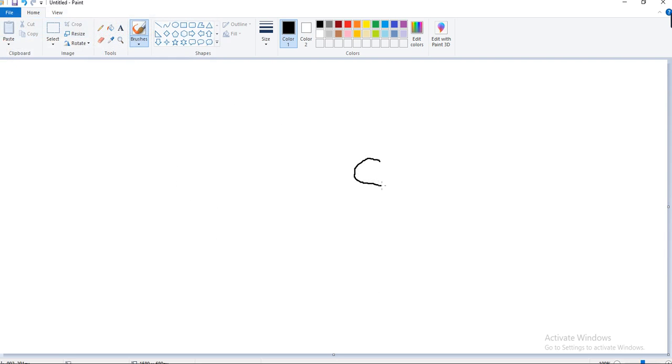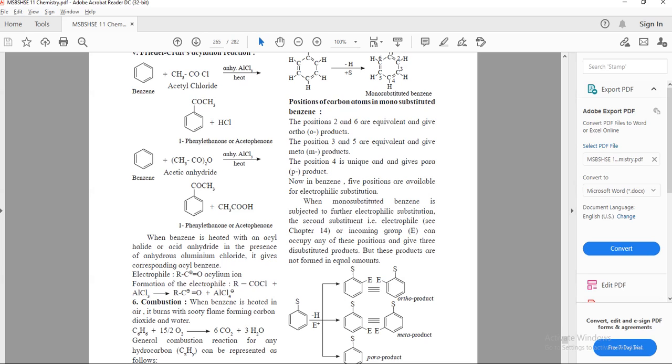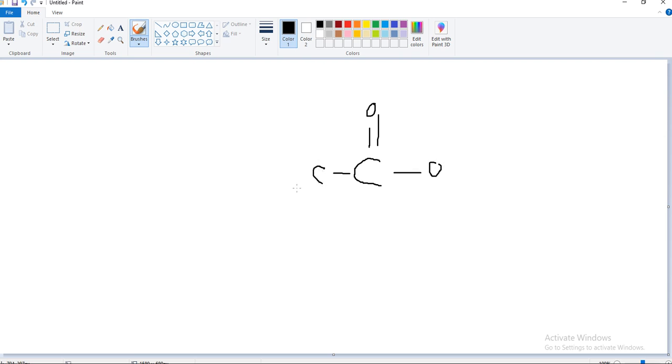See, I will show the structure to you. C double bond O CH3, C double bond O CH3.